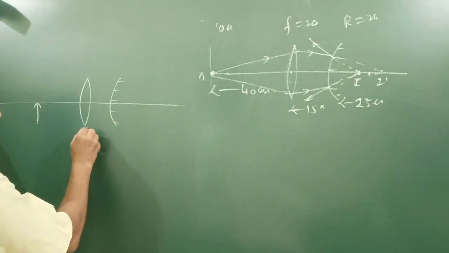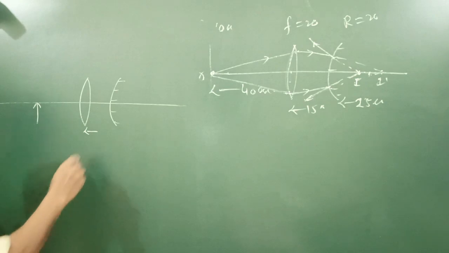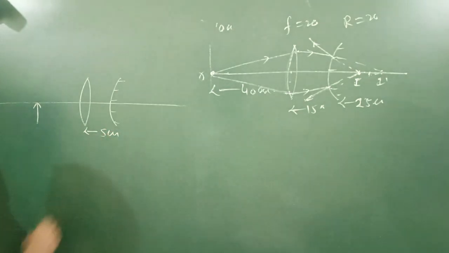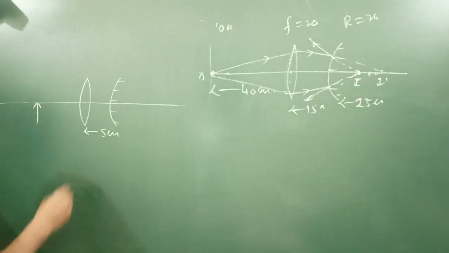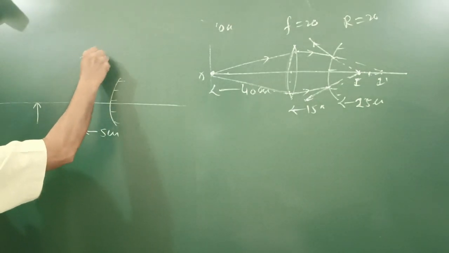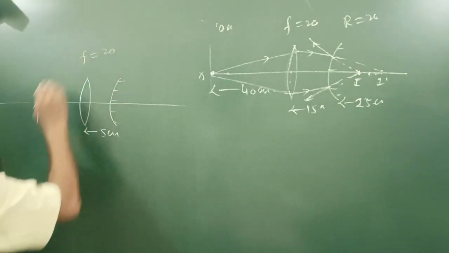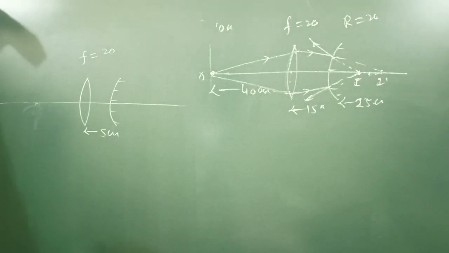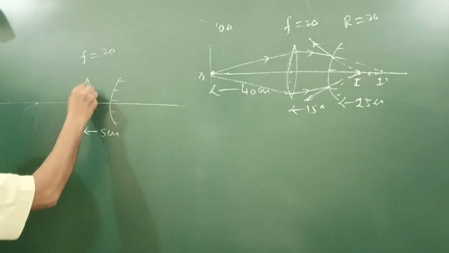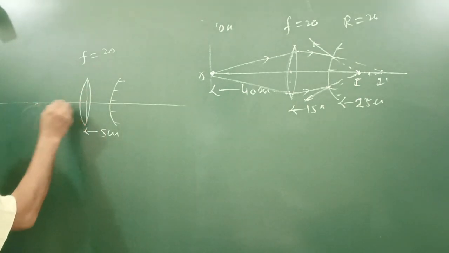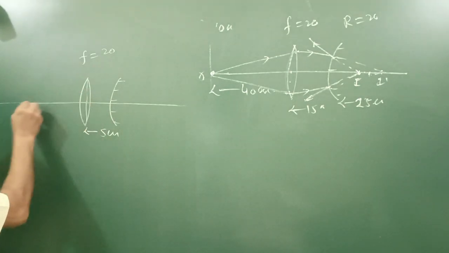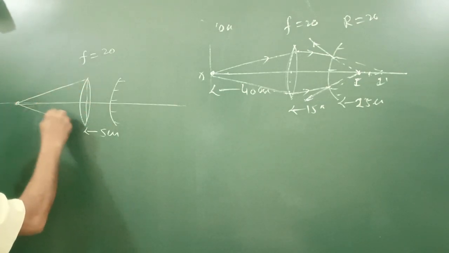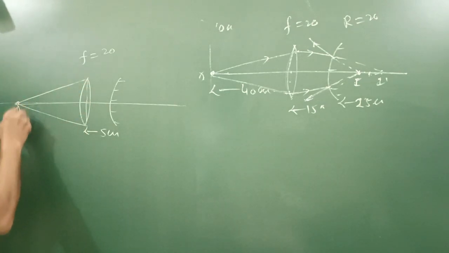I gave this distance as, suppose, 5 centimeter, and the focal length of the lens is 20 centimeter. If an object is placed at a distance of say 40 centimeter, then the image is formed here again.